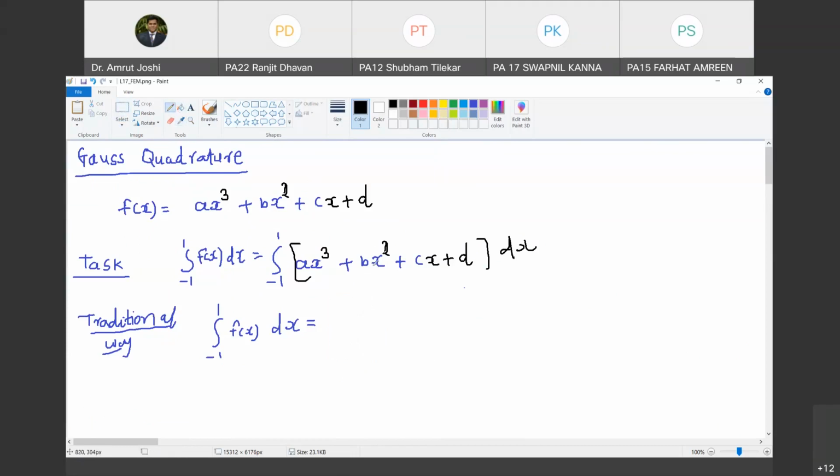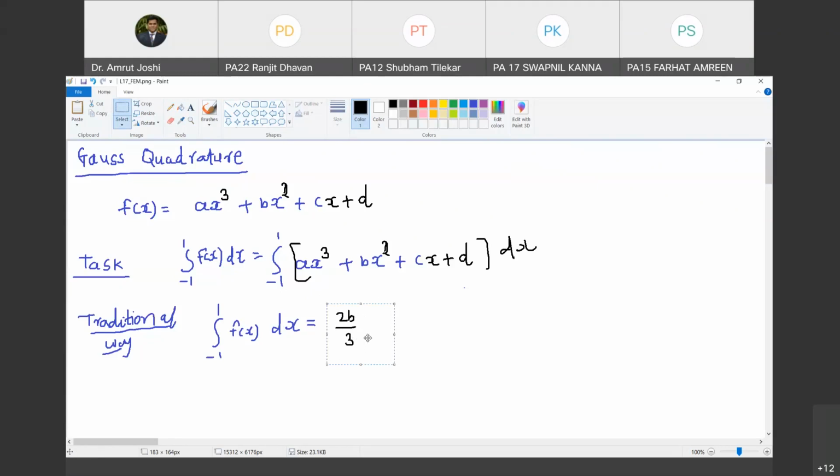Then second one, what is the integration of bx square? It is bx cube by 3. When I substitute x is equal to 1, that is b by 3. When I substitute x is equal to -1, that is minus b by 3. So b by 3 minus of minus b by 3, so b by 3 plus b by 3. So it is going to be 2b by 3. Happy?